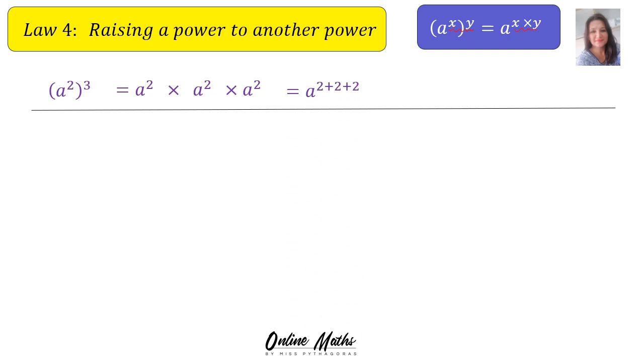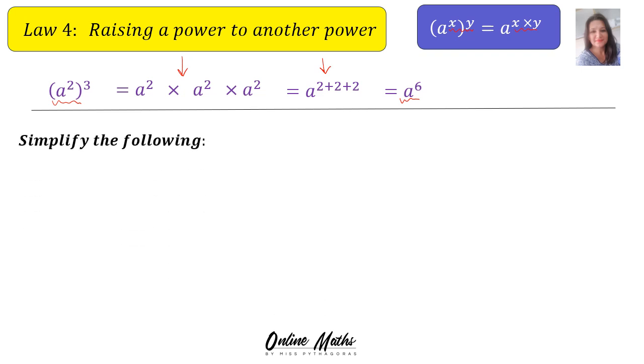Therefore, we can say it's a to the 2 plus 2 plus 2, which is a to the 6. So this law helps us to get from a to the 2 raised to the 3 directly to a to the 6. So we eliminate these two steps. So now you just need to remember a bracket means multiplication even when you deal with exponents.